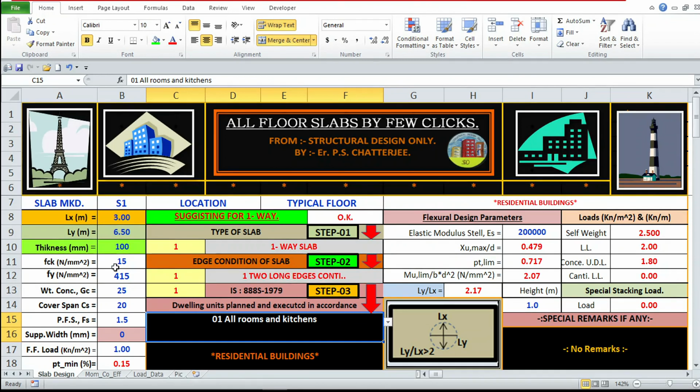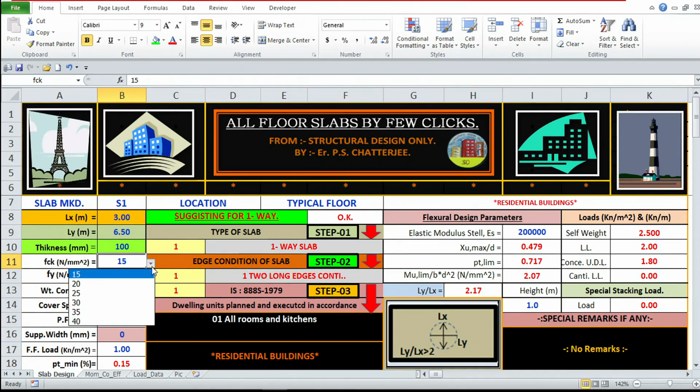First we have to change the concrete grade. Here I have written M15 to M40, but we need only M20 and M25. For comparative study, I have put all the values here.